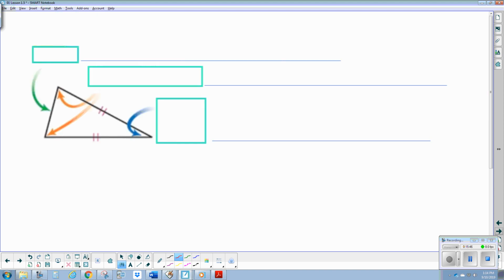So this last diagram is specific to an isosceles triangle. Okay, so all of these terms are for isosceles triangles. We know it's an isosceles triangle because it has two congruent sides. The two congruent sides form this vertex angle.